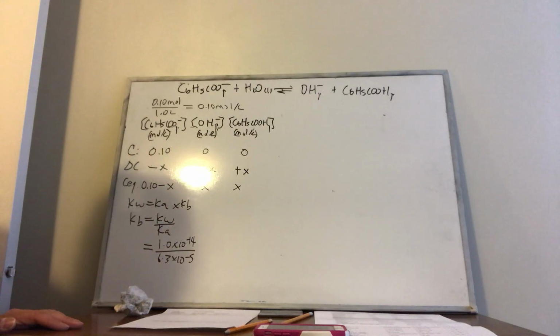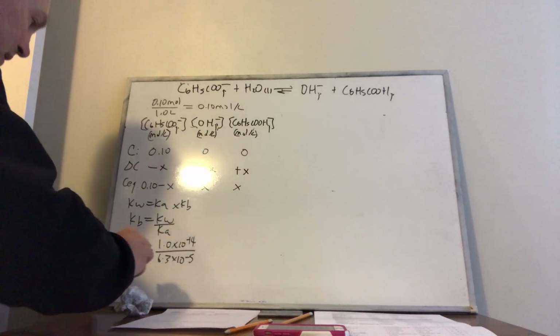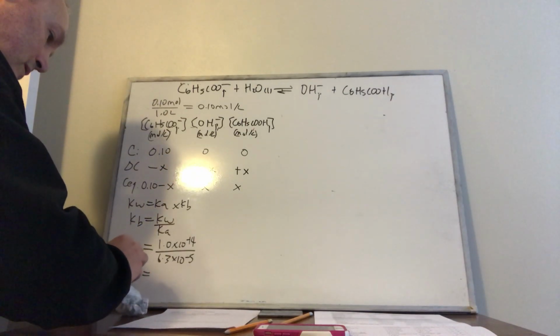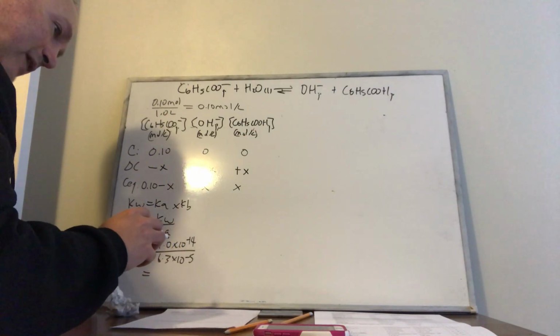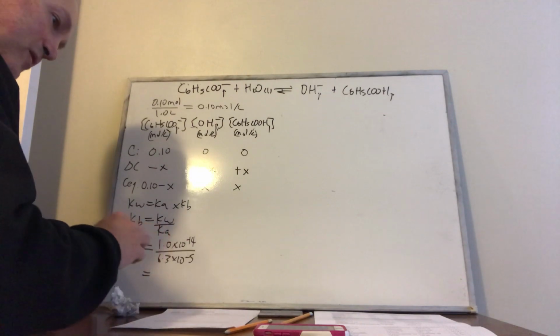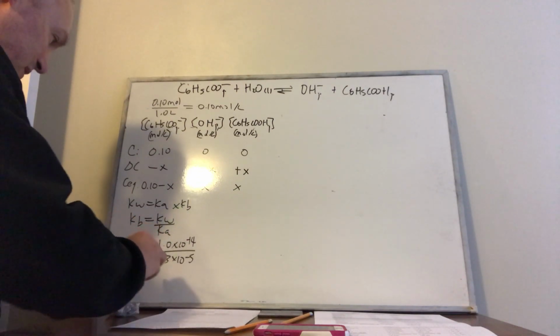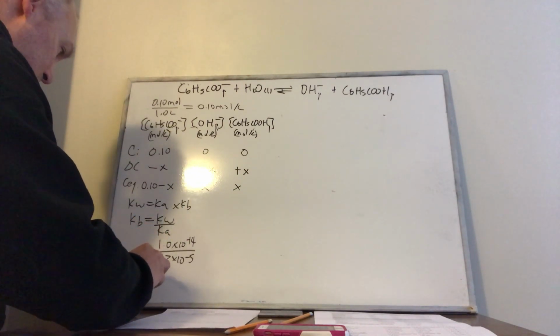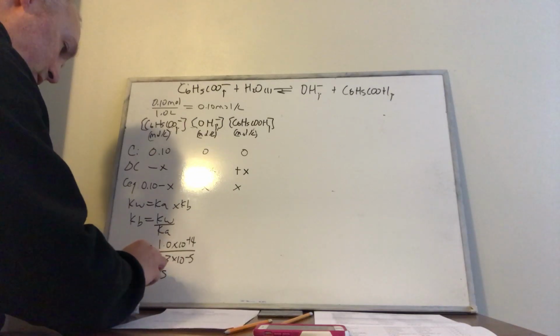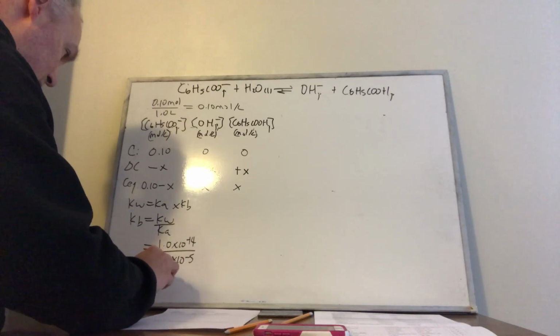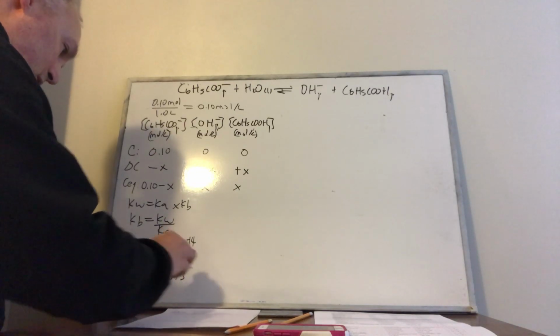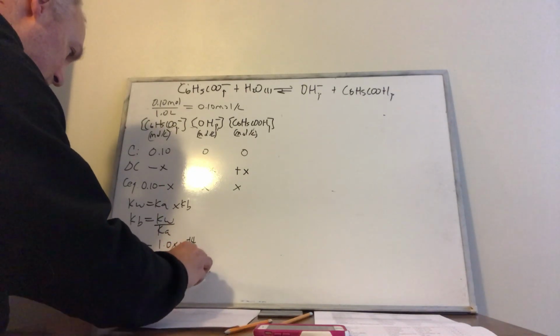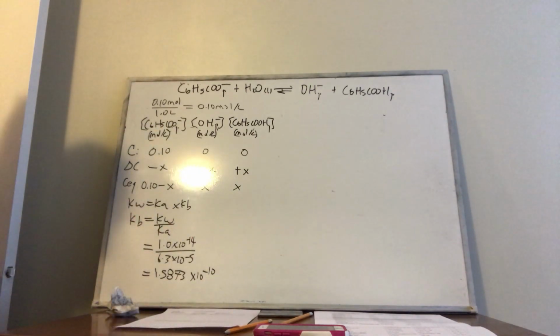So now I can enter that into my calculator. And when I enter that into my calculator, I believe I get, again I can't do scientific notation it seems on this, so I'm using kind of longhand. You can check my numbers. 1.5873 times 10 to the minus 10. Okay?